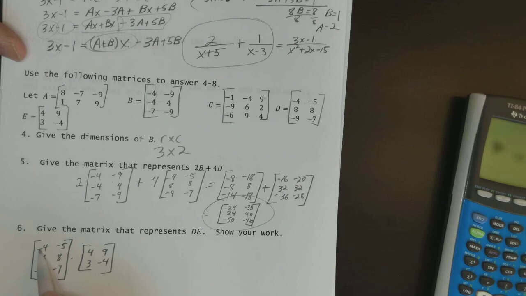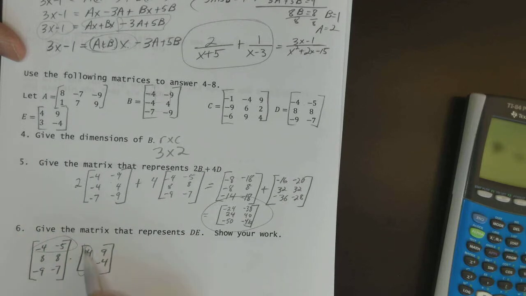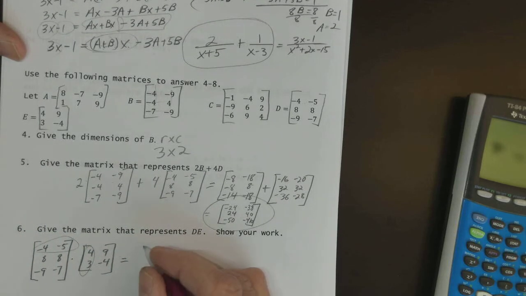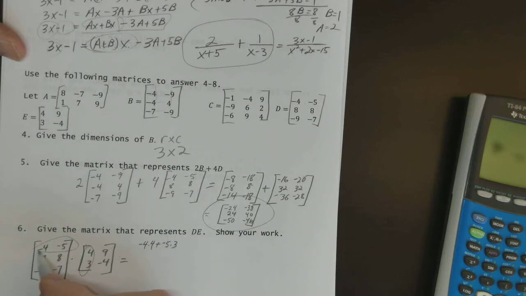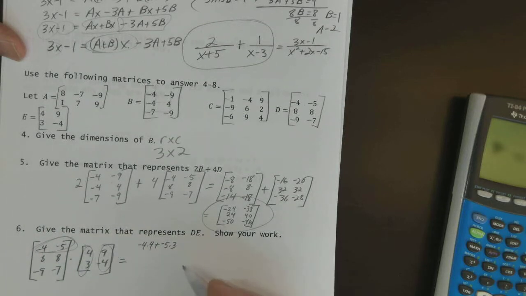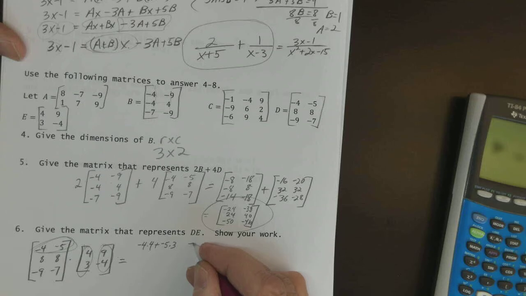All right. First row, first column. I'm going to take negative 4 times 4 plus negative 5 times 3. First row, second column. Negative 4 times 9 plus negative 5 times negative 4.